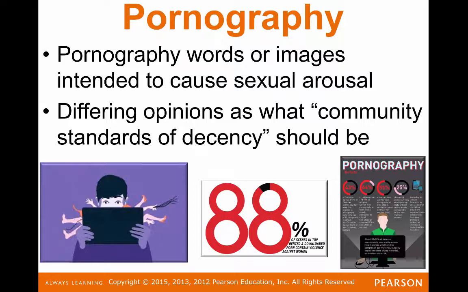So one of the stats I put here for you, 88% of scenes in top rented and downloaded porn contain violence against women. So even in mainstream pornography, you have categories like rape, torture, things of that nature that normalize a sexual expression that is just ridiculously deviant compared to a generation or two past, right?